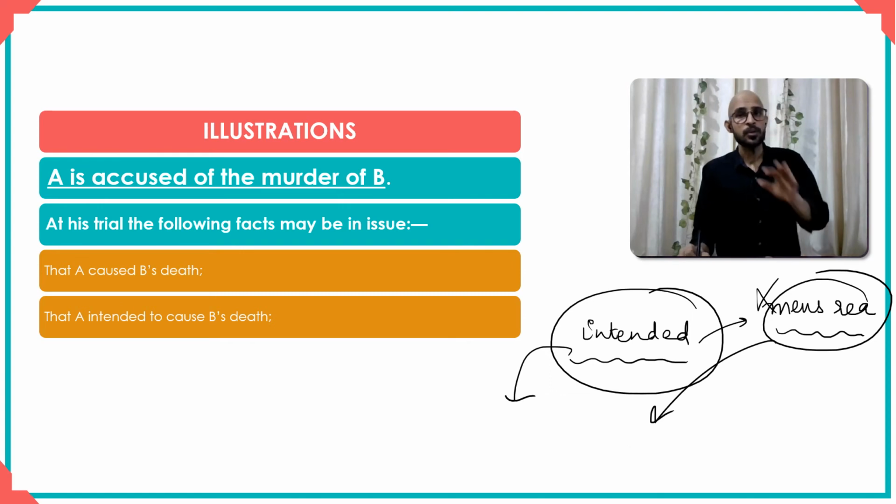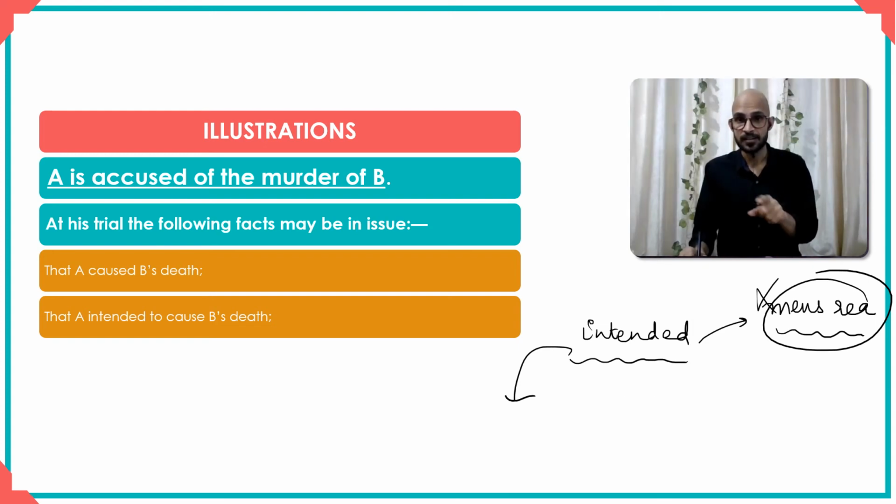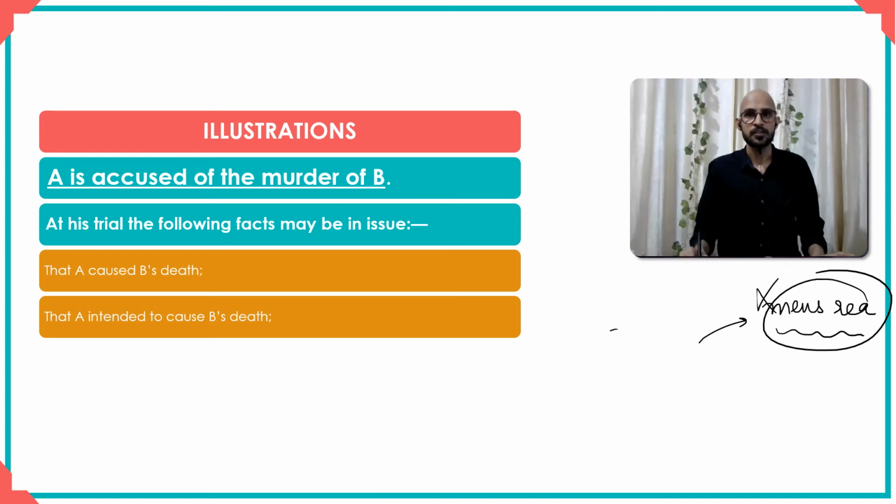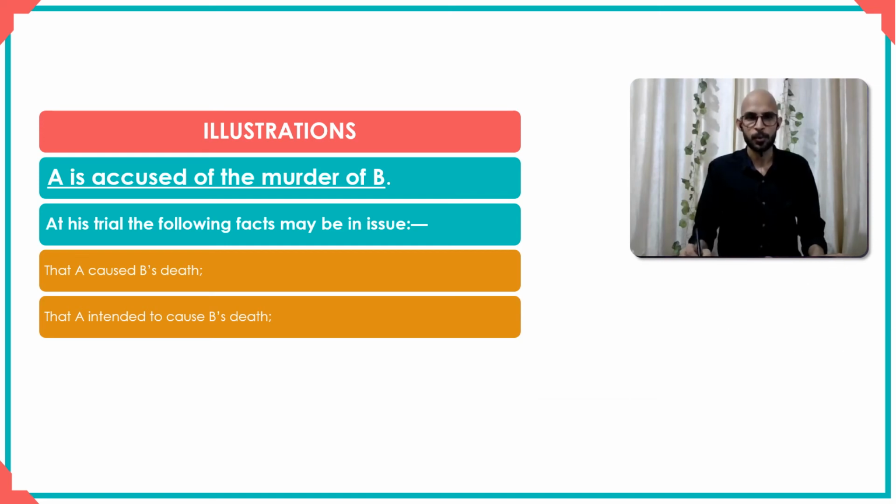Second, if he did not intend but had the knowledge, then it's a lesser offense. So then it would talk about the extent. I hope you get the difference. Let us say there are two cases, and I want you to pay a little attention here so that you get the point. There are two possibilities, that A intended, then that A did not intend.